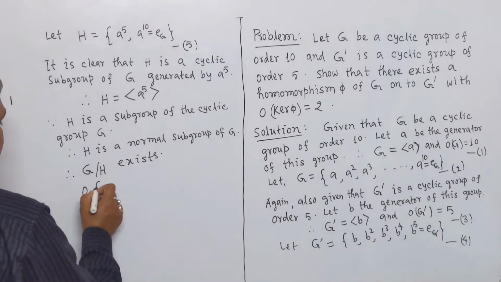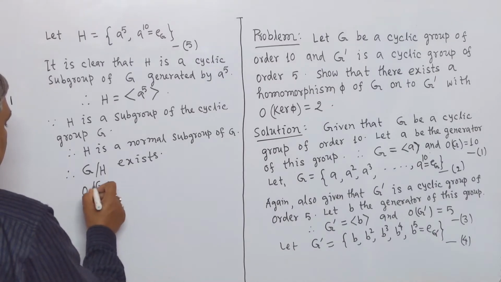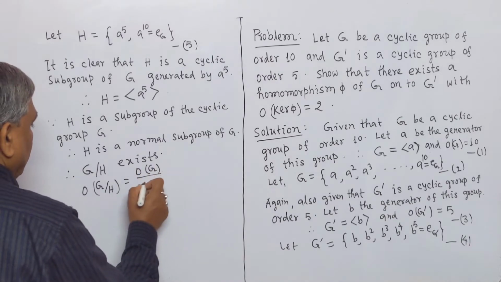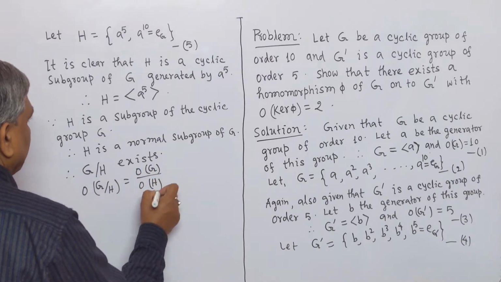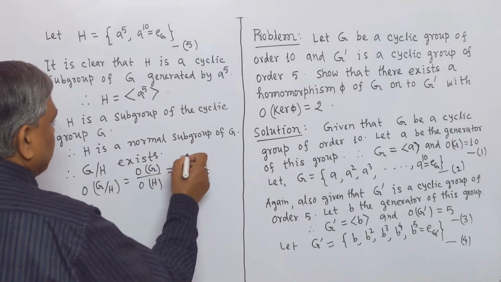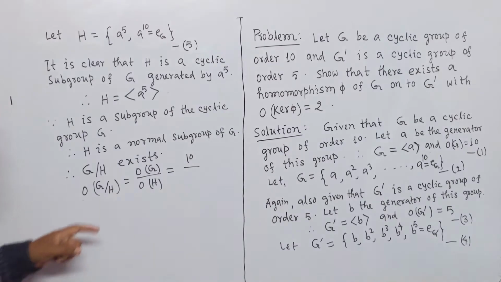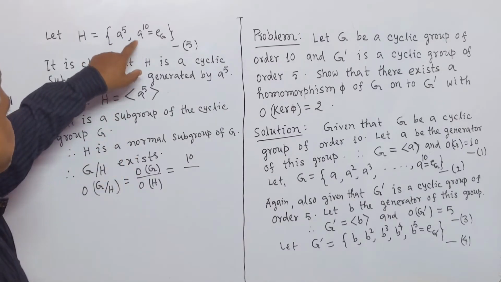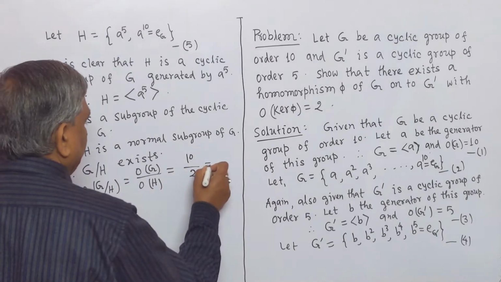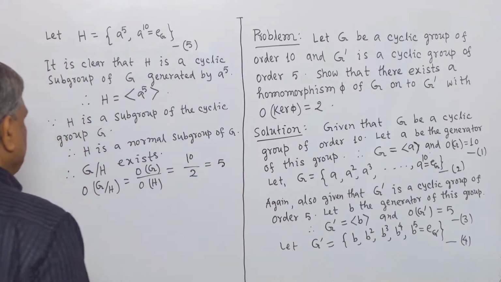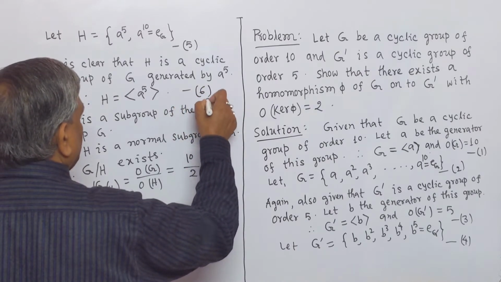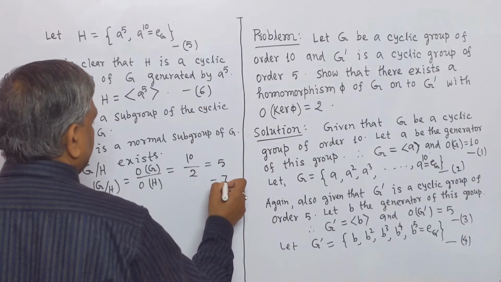Order of G by H equal to order of G by order of H. Order of G is 10 and order of H means number of elements in H is 2, that is 5. Let this is number 6 and this is number 7.